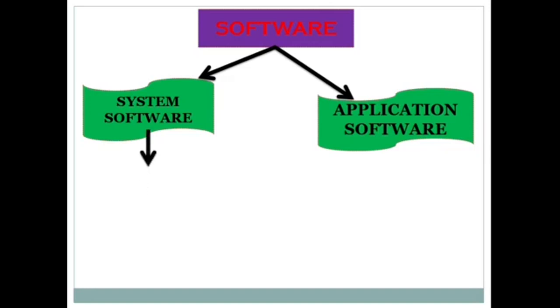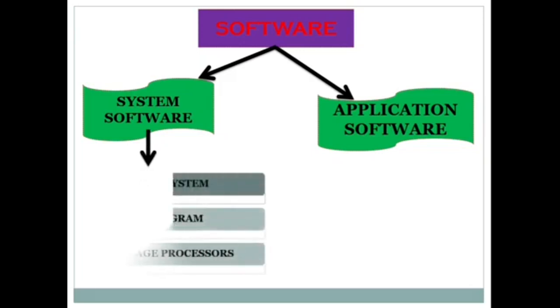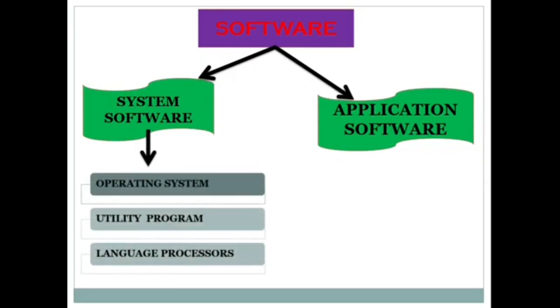So in system software there are three types. First one is operating system, second one is utility program, the third one is language processor. Here operating system means it is the interface between the user and the machine. It acts as the mediator between the user and the machine.